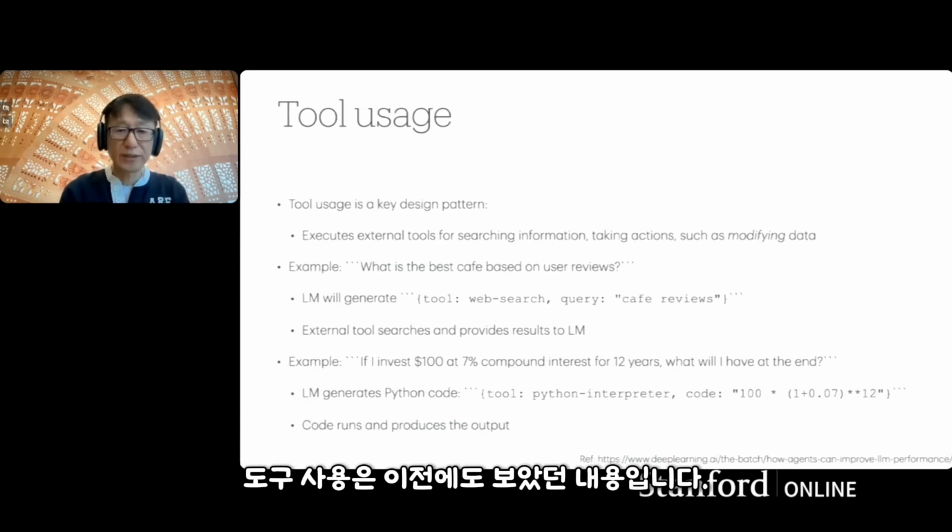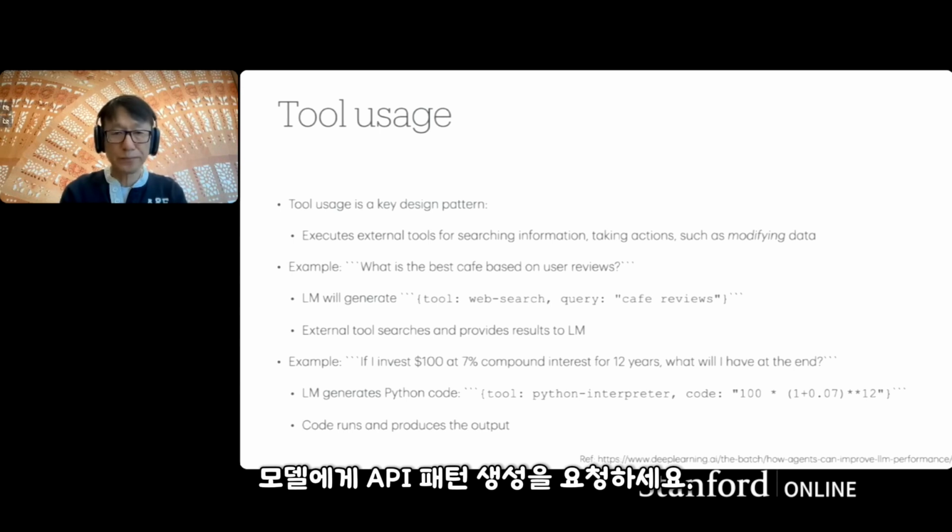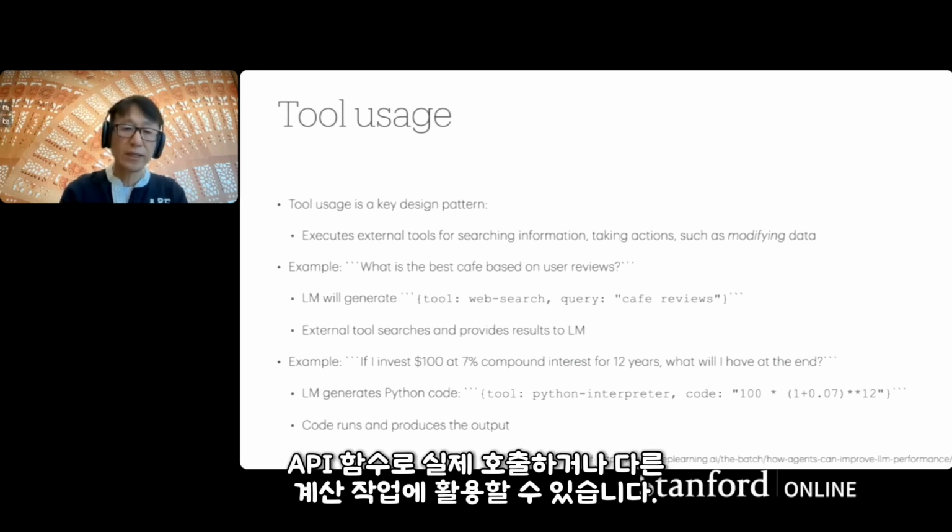Tool usage is something that we've seen before. Ask the model to generate the API patterns so that you can use this API function prototype to make actual code.